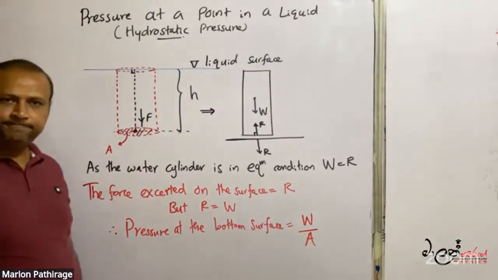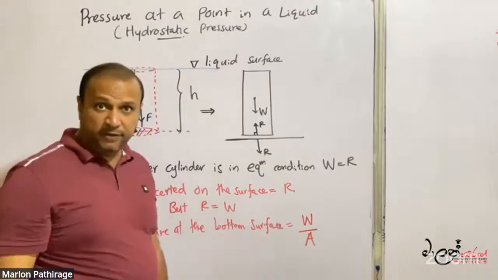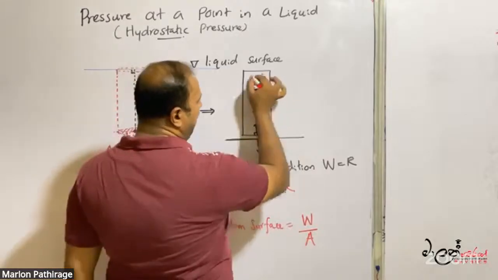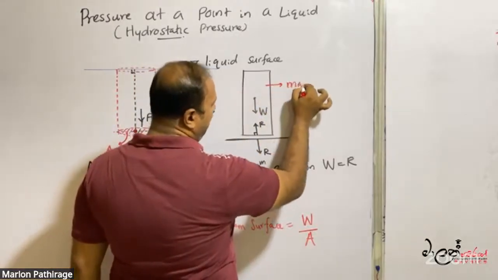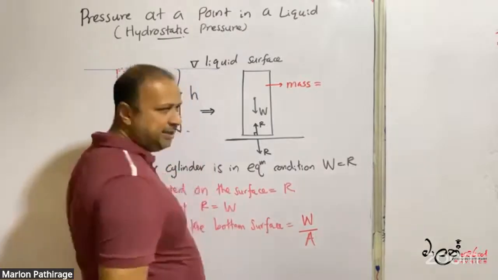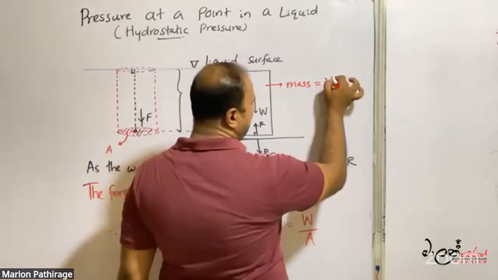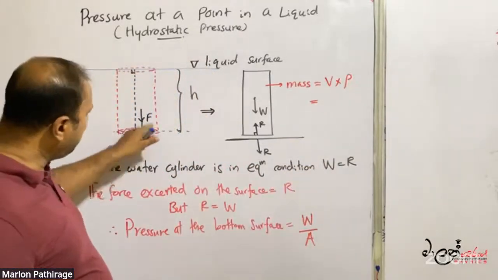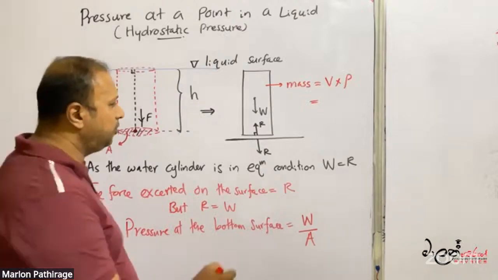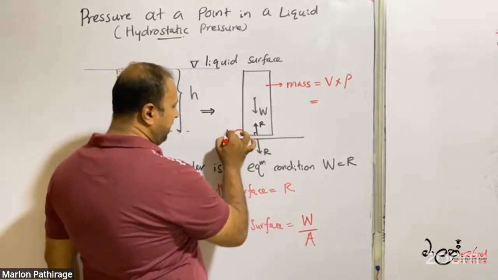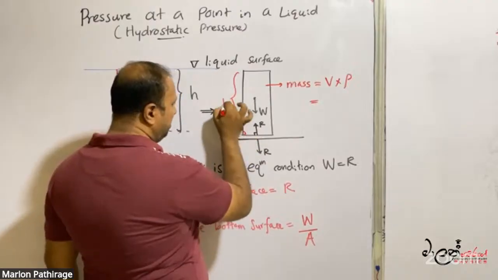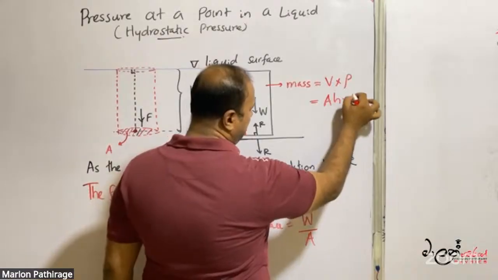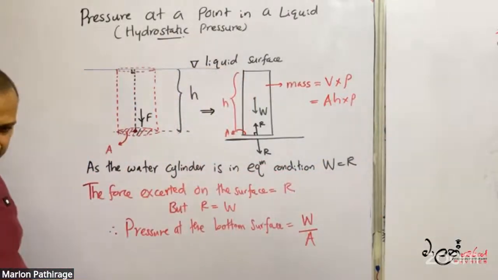W means weight, and weight means mass into gravitational acceleration. The mass of this cylinder is equal to volume into density. Volume means area into height. This area is A, height is H. Therefore, volume is area into height, so this is the mass.